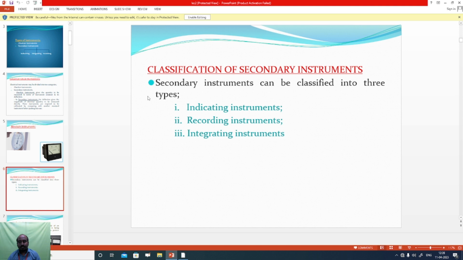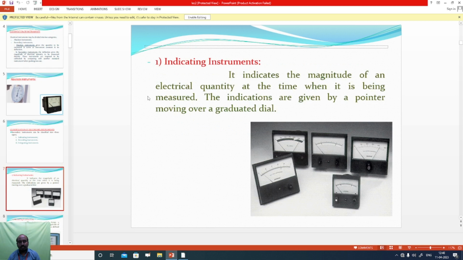We have already seen the main classifications, and again the secondary instruments are classified as indicating, recording and integrating instruments. Let's see what they are. The indicating instruments indicate the magnitude of the electrical quantity at the time when it is being measured.